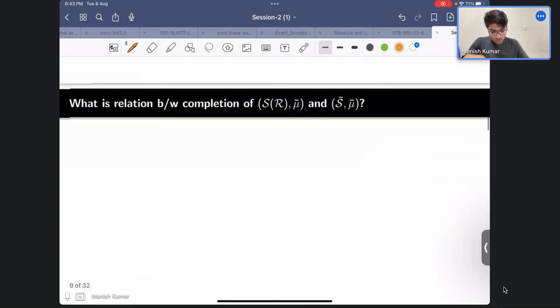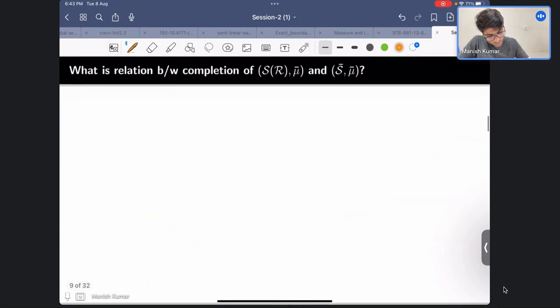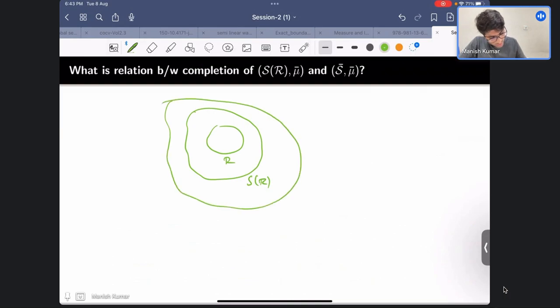So you saw this thing. Let me draw that figure again. You had this R, then you had this S_R, and then you had this S bar, with a mu bar, and this was mu, right? So you saw in the lectures that this is not complete and this was complete.